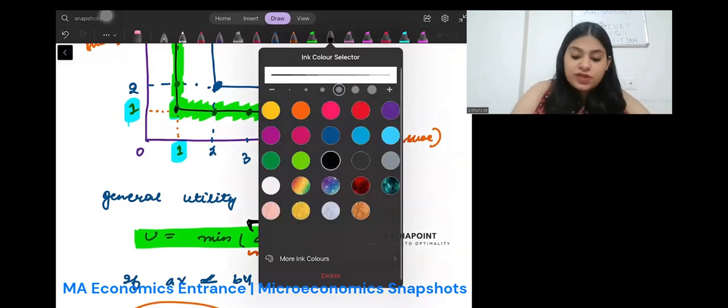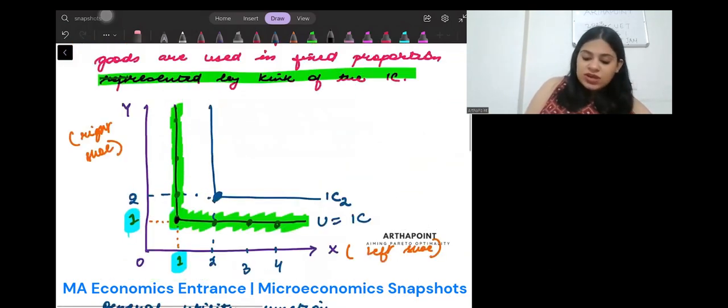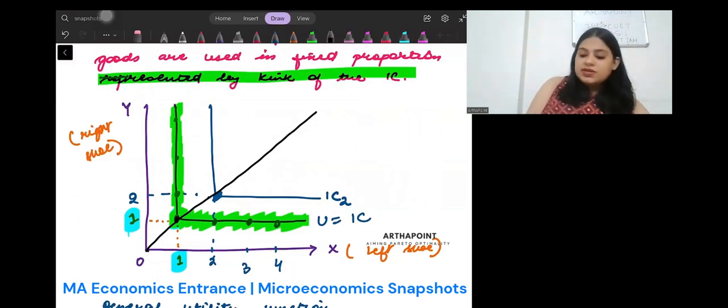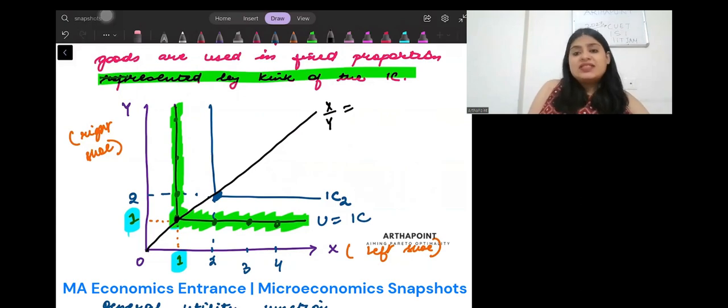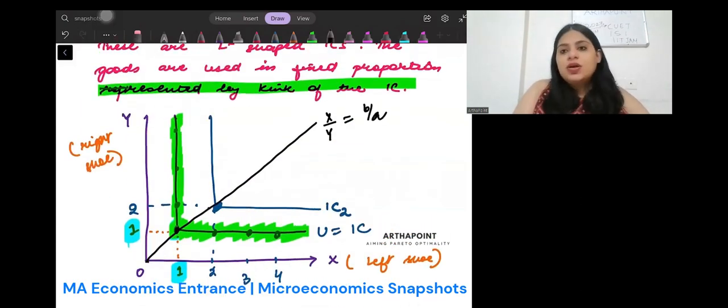And this point of the kink, if I want to go ahead and find this out, this will be AX equal to BY. This means that the ratio between X and Y will be equal to B by A. So if I were to draw a line through the kinks, the ratio between x and y will be b by a, right?